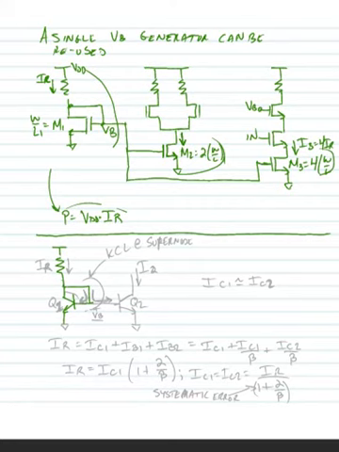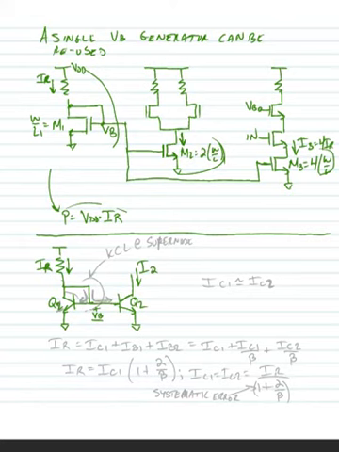We have a diode connected BJT, and we send the base voltage to an identical BJT, or perhaps a scaled version of this BJT, Q2. Our reference current flows through Q1, generates a bias voltage VB, which causes a current I2 to flow through transistor Q2.